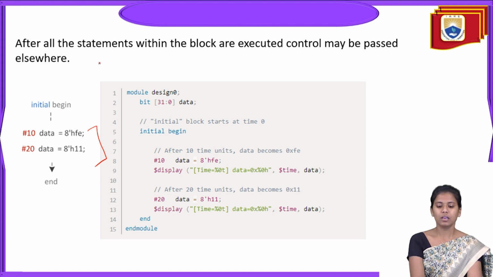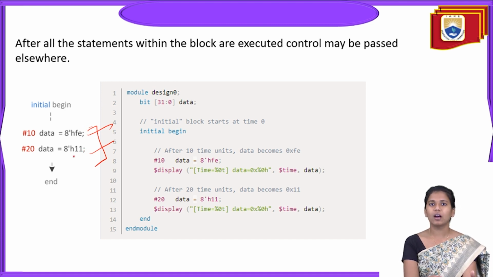Here, for example, I have 2 statements, but in some cases we may see more than 5 or more than 10 statements, based on the module that you are considering.